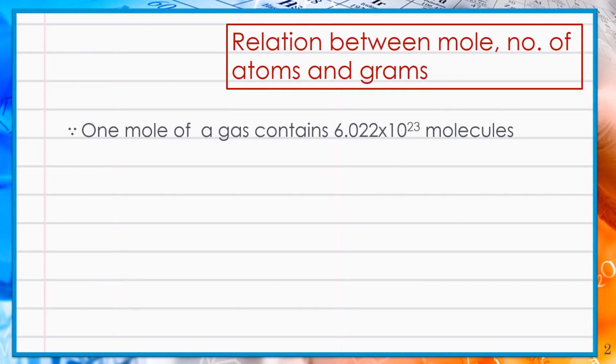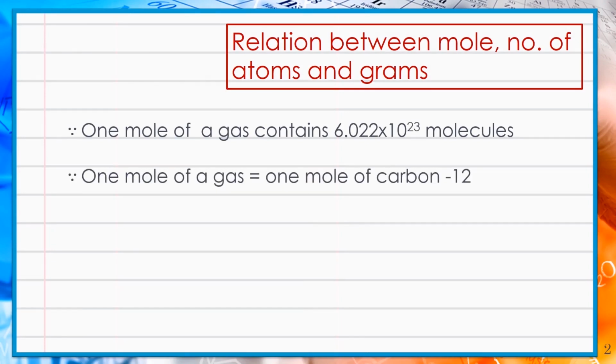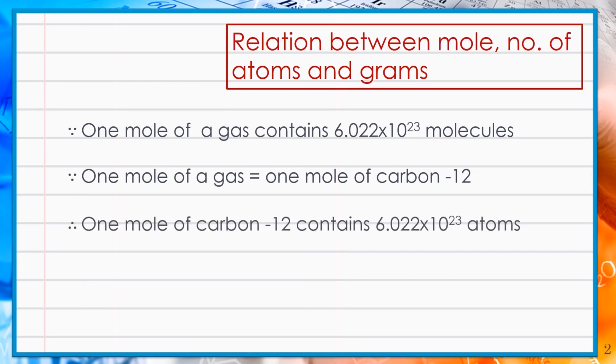We said that 1 mole of any substance is equivalent. Therefore, 1 mole of a gas is equal to 1 mole of carbon-12 isotope. Since 1 mole of a gas contains Avogadro's number, we can say that 1 mole of carbon-12 isotope contains 6.022 × 10^23 atoms.